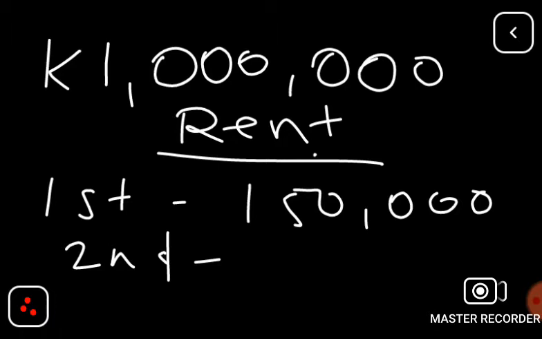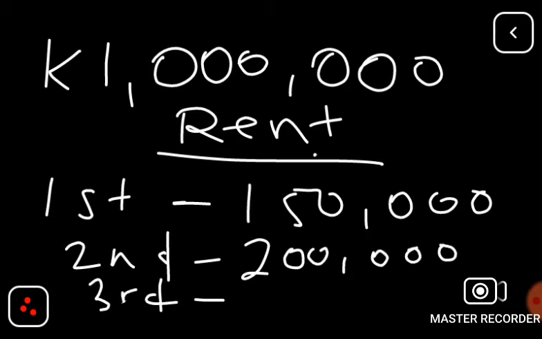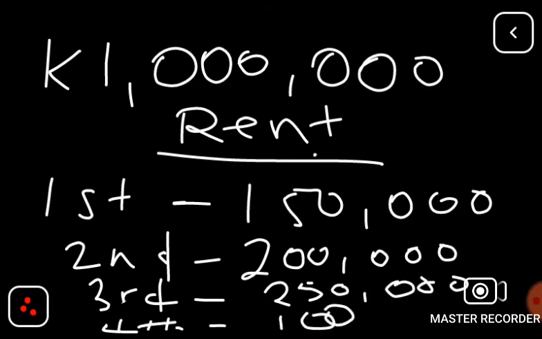Second year, because the rule is that you're supposed to make at least 4 payments in a year, and those 4 payments must give you 1 million, you pay 200,000. Third year, 250,000. And fourth year, you managed to pay 100,000 kwacha. So these are your 4 payments that you've made.